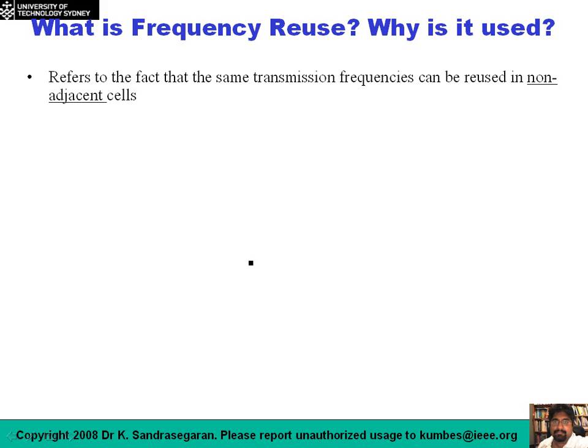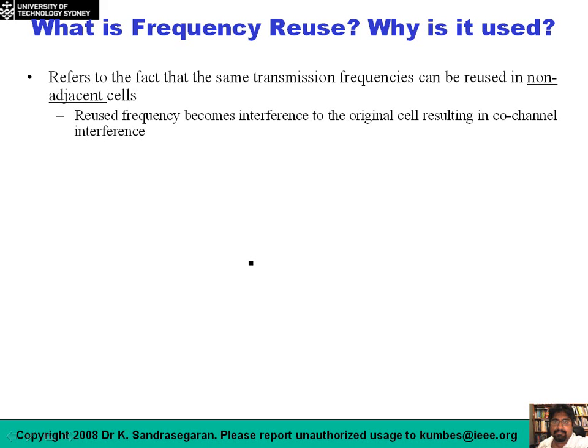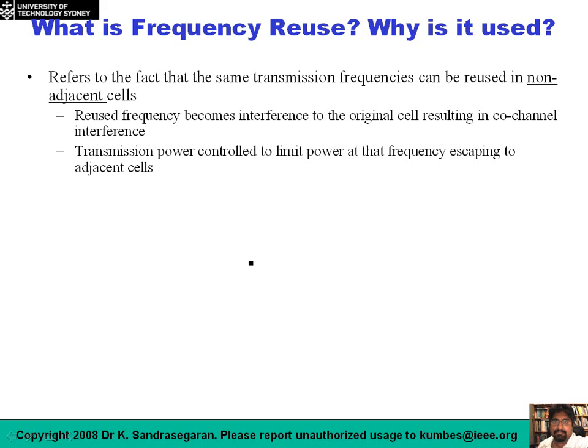We don't put it in adjacent cells; we've got to make sure that it's used in non-adjacent cells. So whenever we reuse a frequency, the original frequency interferes with the point at which the frequency is reused, and this is referred to as co-channel interference.